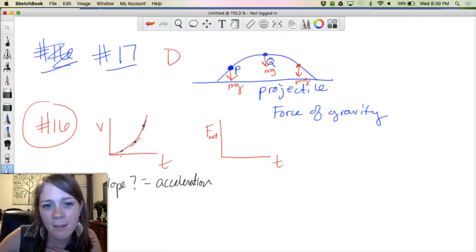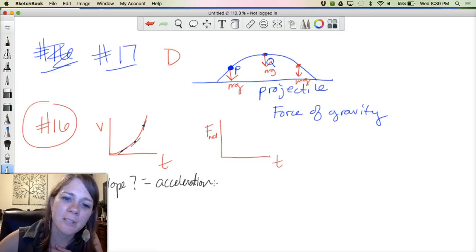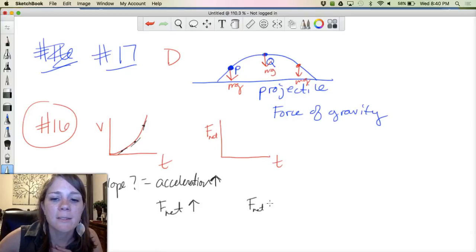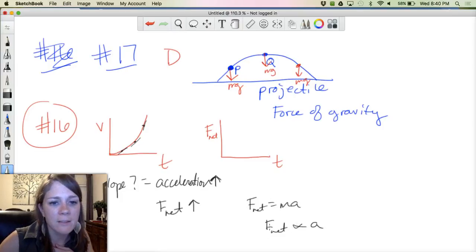No, that acceleration is not constant. Is that acceleration increasing or decreasing? That acceleration is increasing. And guess what? What does our net force do if the acceleration increases? It also increases. Because of Newton's second law, F net equals ma, F net is directly proportional to a. So whatever a does, F does.